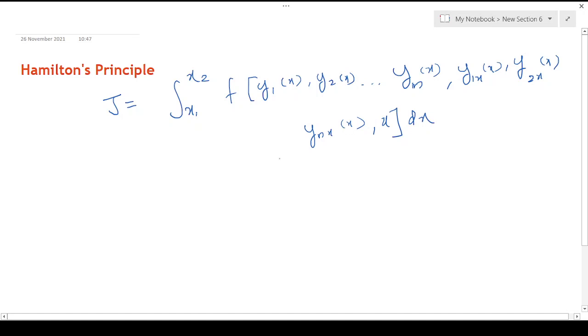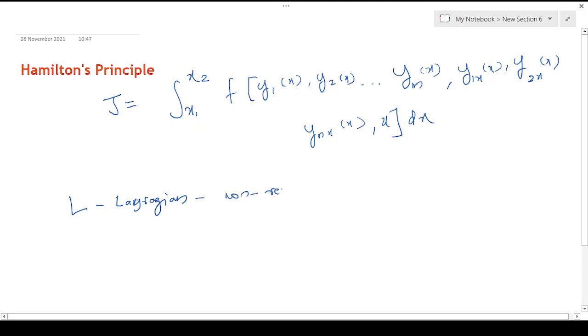Now what we will be considering is that if this particular function f becomes a Lagrangian, what will be the difference in that case? Let me introduce a Lagrangian for a non-relativistic system.